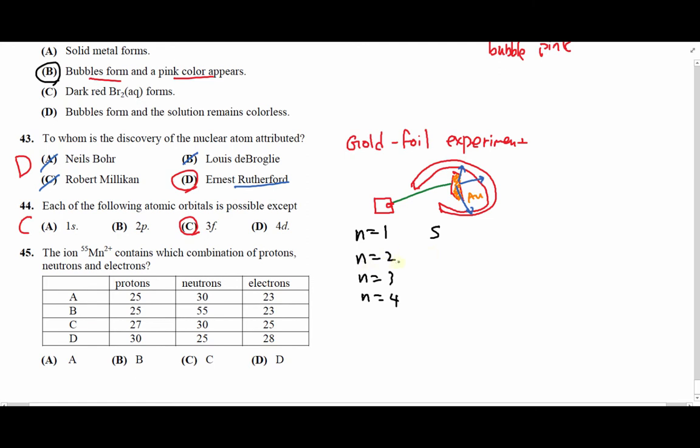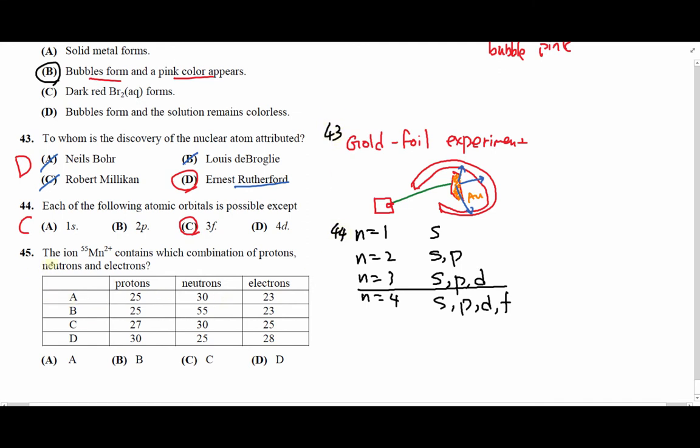When I go to the second row, the energy level and the size of the orbital increase, and now I can have both s and p orbitals. When I move to the next level, I can have s, p, and d orbitals. And when I go to the fourth, that's when I can have f orbitals. In row 3 there's no f, and in our choices we have 3f, so that's not possible. So this is number 44, that's number 43.